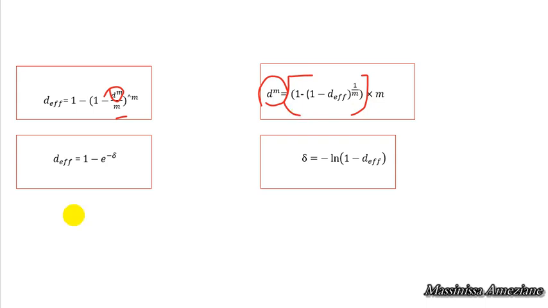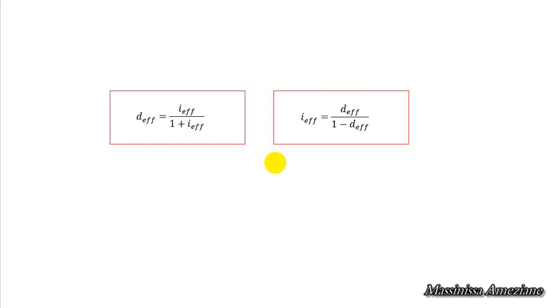And finally, if the discount is compounded continuously, the effective will be 1 minus exp of minus lambda, and lambda will be minus ln of 1 minus the effective discount. And finally, we have this relationship between the effective discount and the effective interest rates.